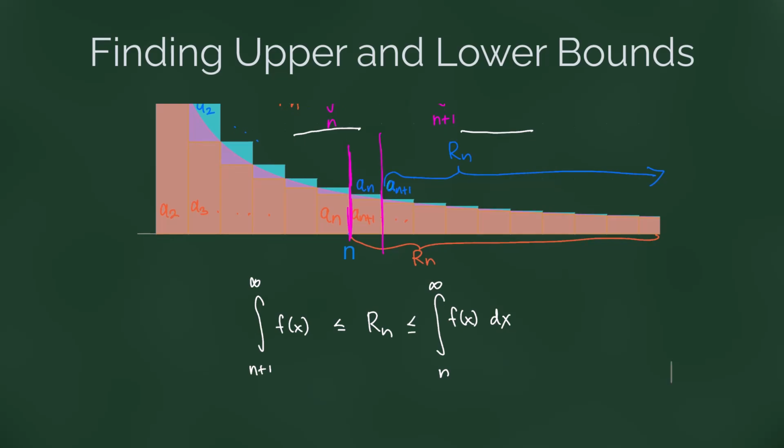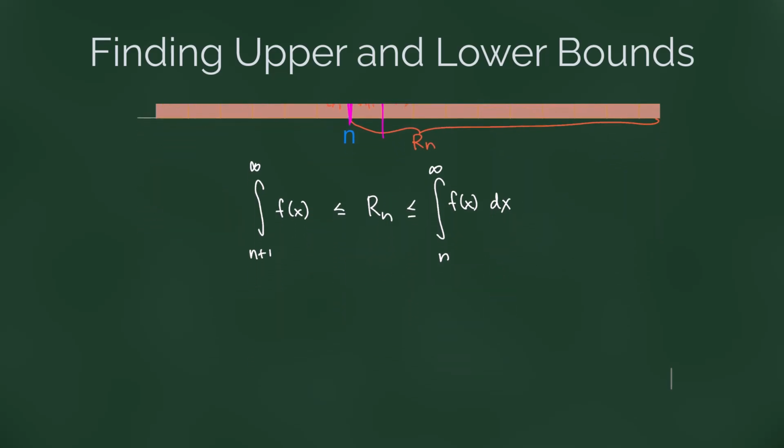Now we have to remember that the sum from k equals 1 to infinity of a sub k, we split up into s sub n plus r sub n.